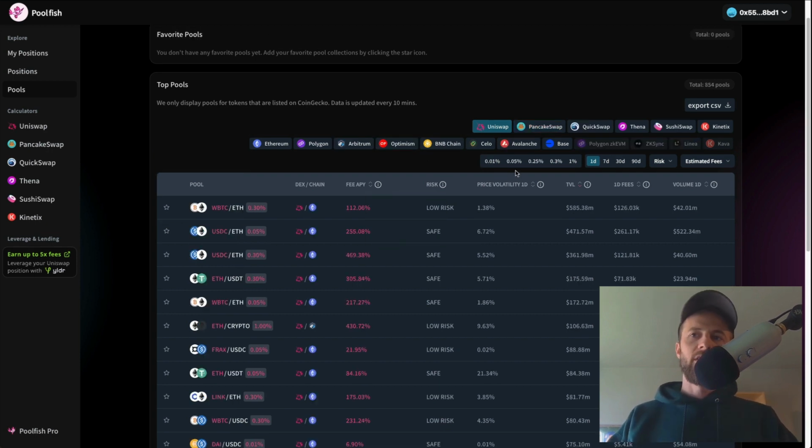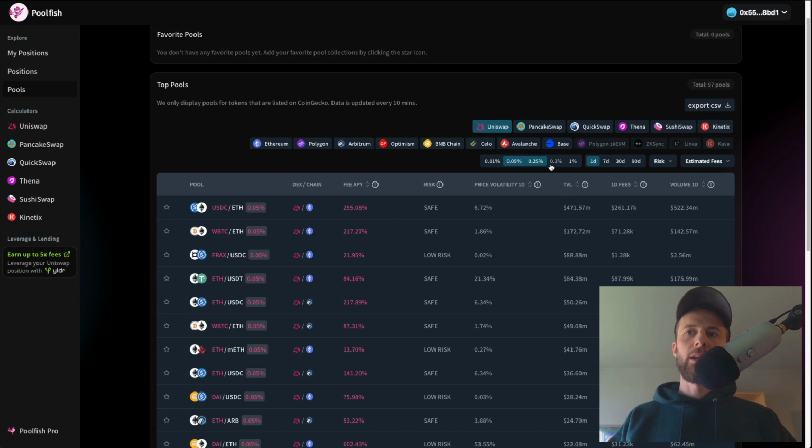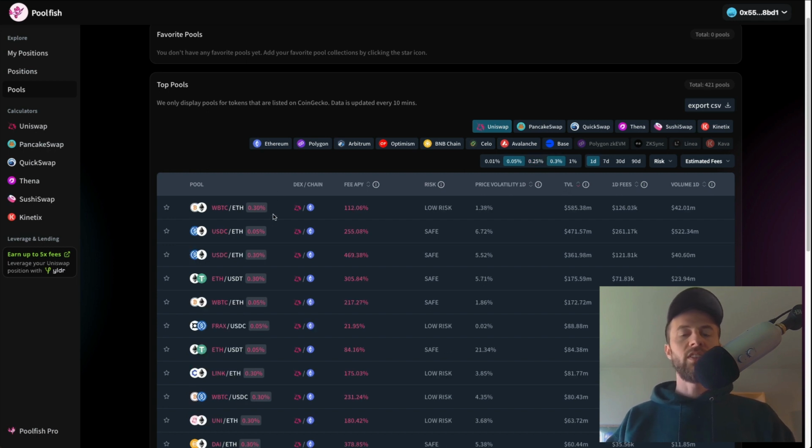Next, we have the different fee tiers that you can select to find pools that are only allowing those fees. How it works is this is the fee that the liquidity providers take. As swappers are swapping in between, they're getting out their amount in the other token, but a little percentage, 0.3% in this case, is going to the liquidity providers to split.